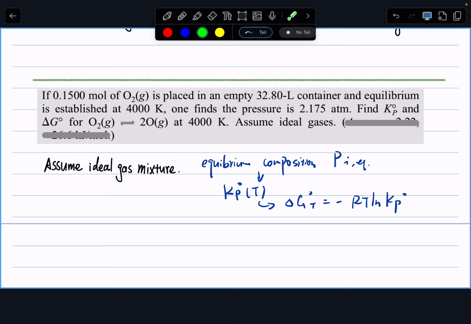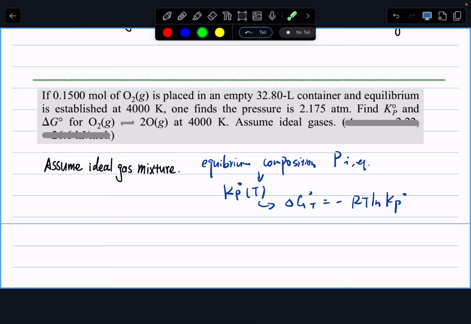All right. And then upon solving the partial pressure, obviously we can write out my Kp naught, which in this case equals the product of each species at equilibrium divided by P naught to the power of the stoichiometric coefficient. So this one, just plug in the numbers.